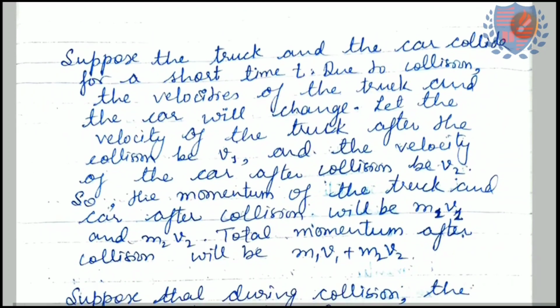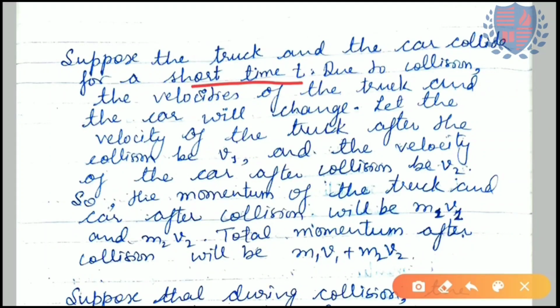Now, suppose the truck and the car collide for a short interval of time. The interval is very short. Due to collision, the velocity of the truck and the car will change. Definitely it will change, as the truck is heavier and the car is lighter. So let the velocity of the truck after collision be v1, and we have already assumed the final velocity of the car be v2.